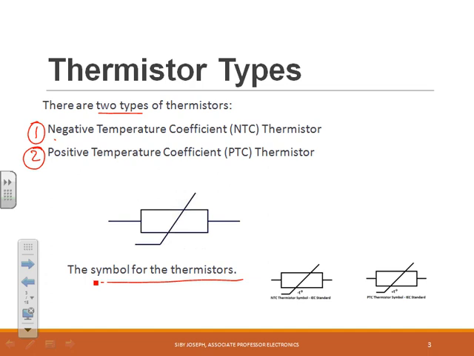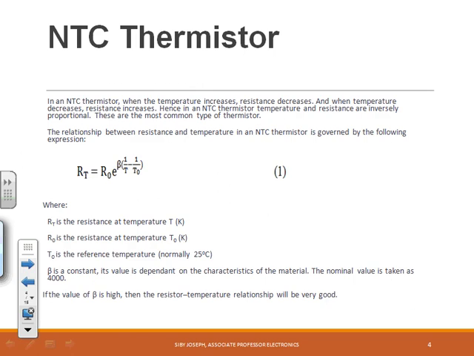The negative one is shown like this, and the positive is shown by writing a positive sign here. Normally the symbol of a thermistor will be like this.